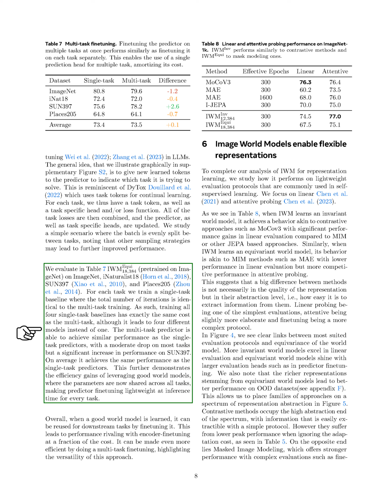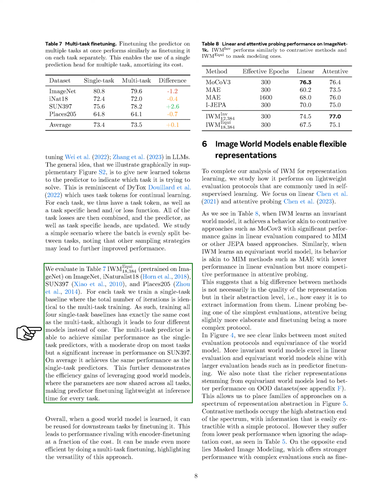Our evaluation, conducted on a model pre-trained on ImageNet and tested on ImageNet, iNaturalist 18, SUN 397, and Places 205, involves comparing a single task baseline, where the total number of iterations matches that of the multitask training, to the multitask approach. This comparison reveals that training 4 separate single-task baselines incurs the same cost as multitask training but results in 4 distinct models instead of one unified model.